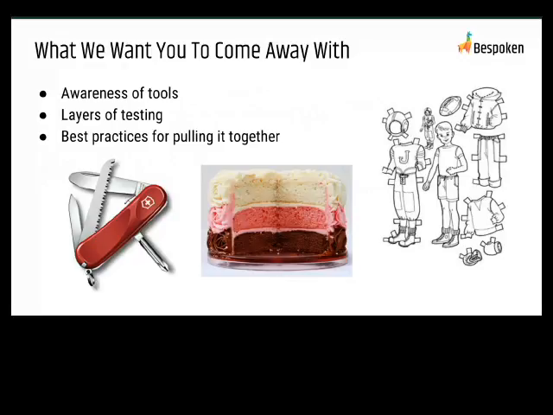And lastly, we want you to come away with a sense of the best practices for pulling it all together, which is the cutout diagram on the right. We're going to show you these tools and some of the ways we've brought it all together, and we're hoping you'll feel confident you can bring it together for yourself as well, based on this presentation.